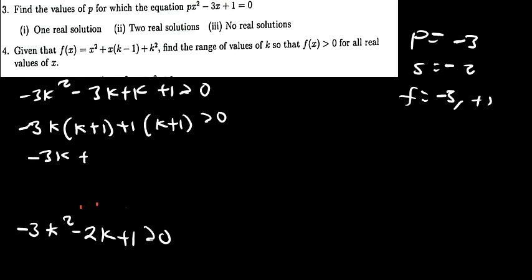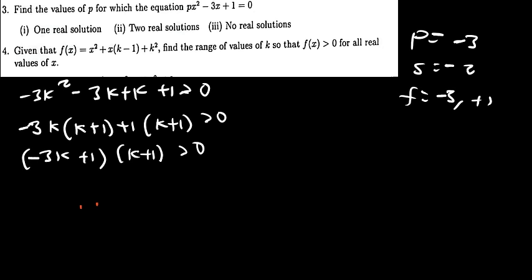I'll factor out negative 3k, I'll remain with k plus 1. Here I'll factor out 1, k plus 1 greater than 0. So I'm remaining with negative 3k plus 1, then k plus 1 greater than 0.